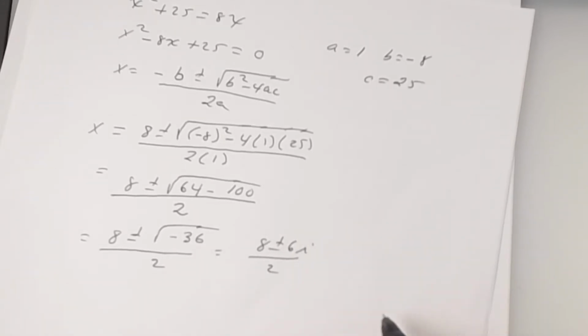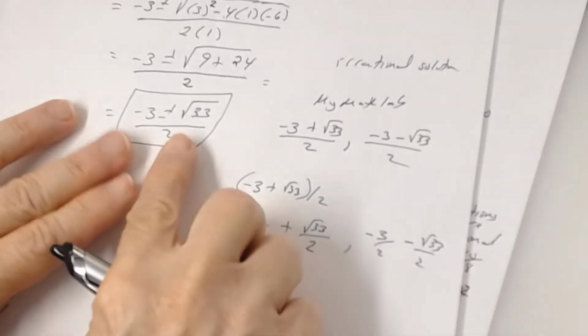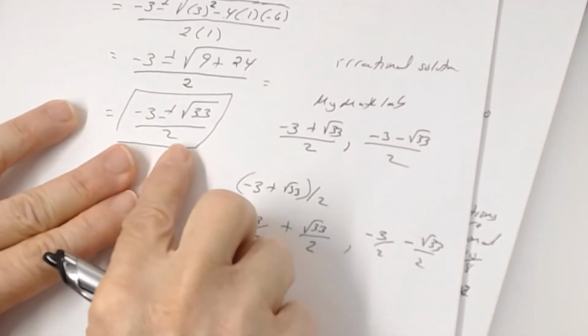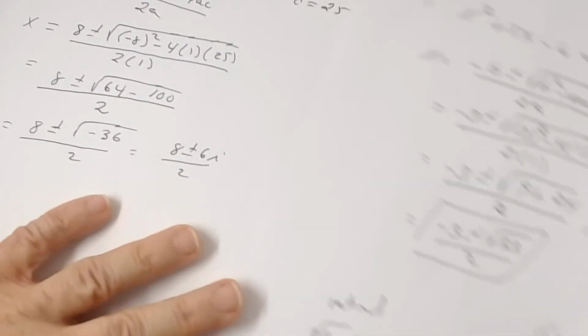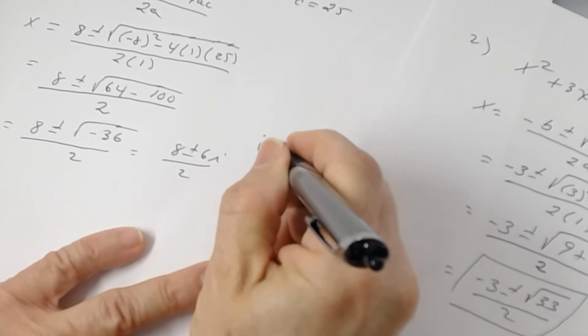Just like this. Okay? Now, a while ago I said you can stop and give me this as the answer right here, which is true. Compare that with this. Now remember, these are imaginary solutions now.